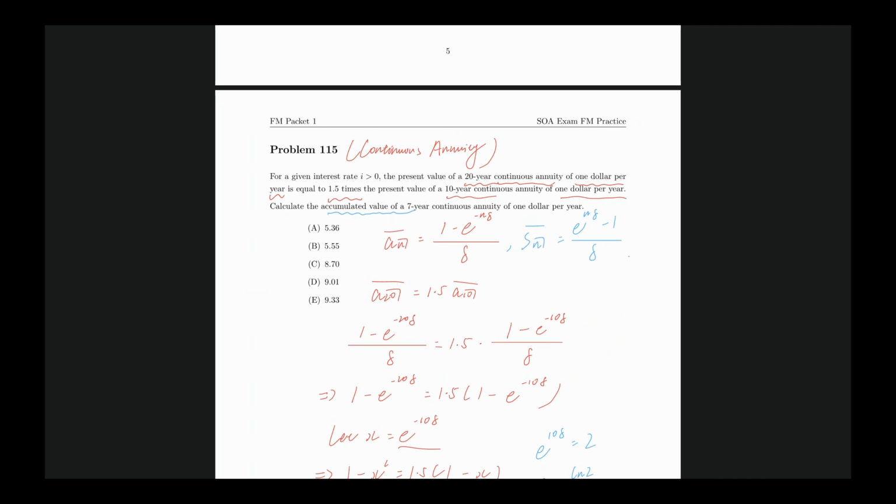This is another formula for it. Now we're just finding s-angle-7, which is e to the power of 7 times the force of interest minus 1, over the force of interest. If I plug in everything and use a calculator, I should be able to get 9.0096, and that's going to be option D.